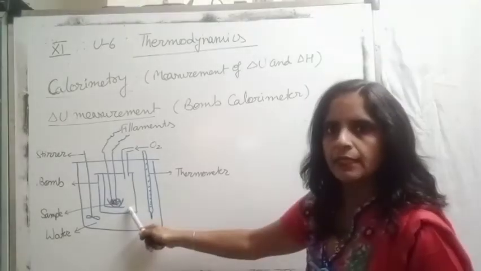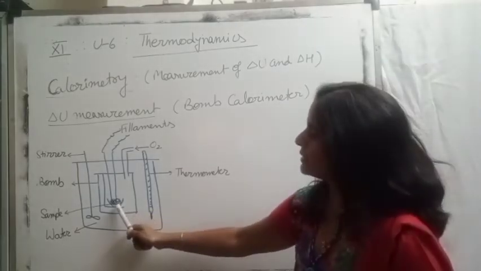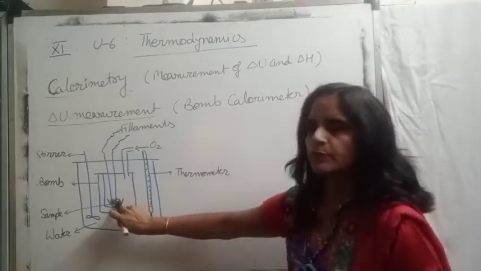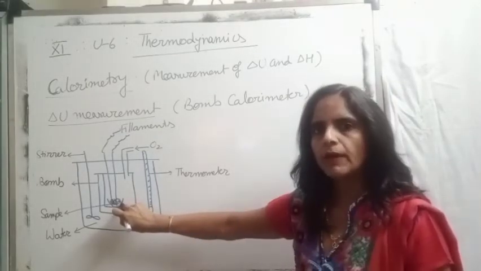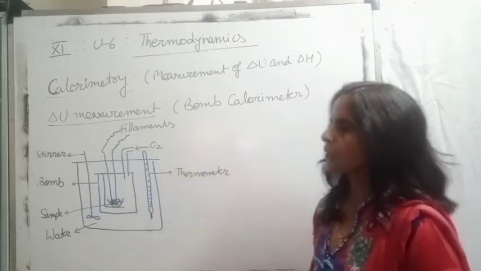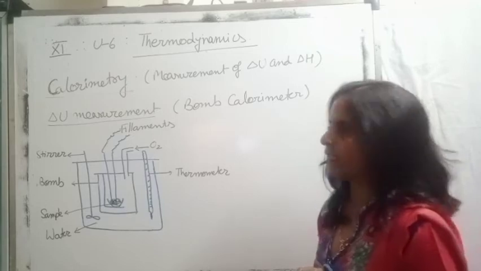Other arrangements are, there is a platinum cup where the sample is placed. A known mass of sample we place in this platinum cup to measure the change of internal energy.